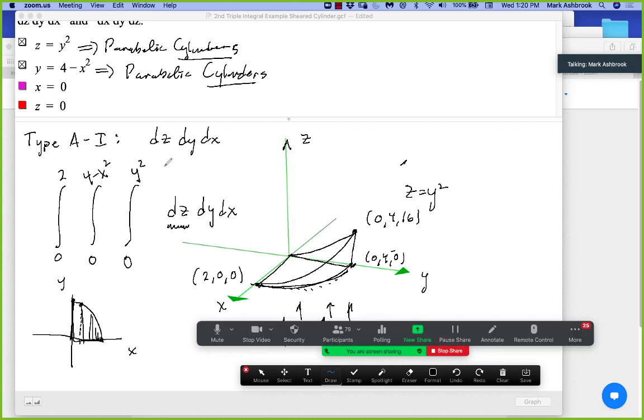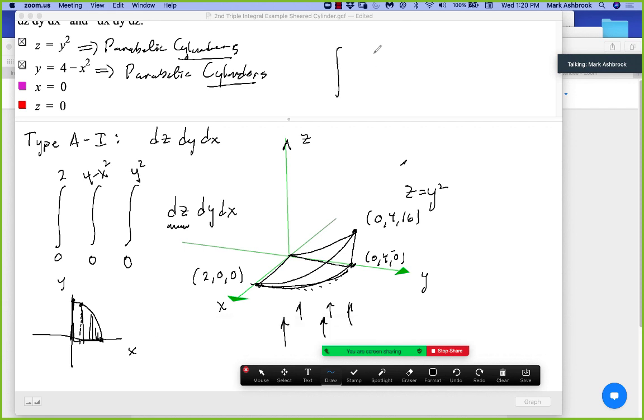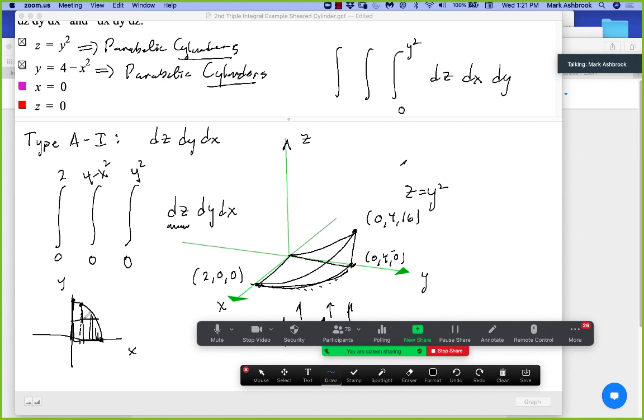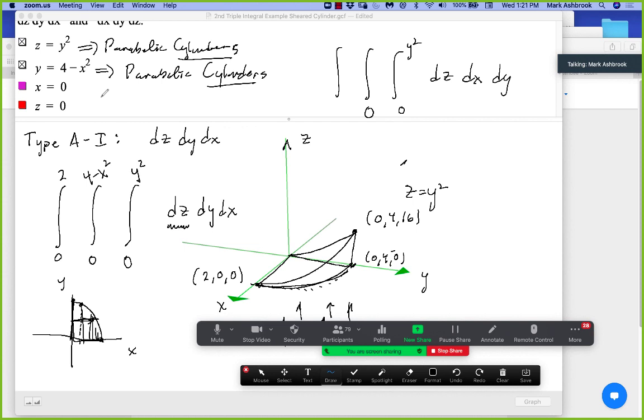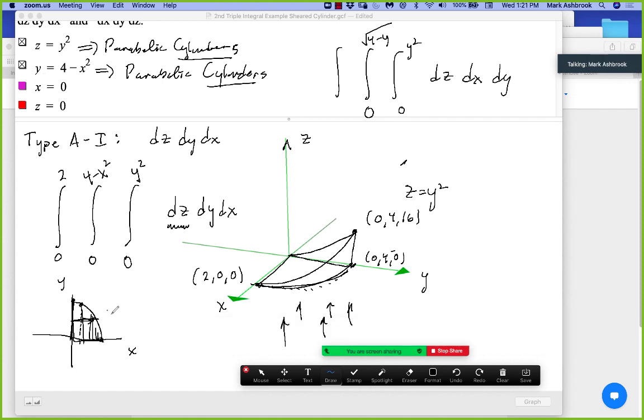So if we want to do type 2, there's a little bit more to it. z would still be 0 to y squared, but now dx would go from what to what? x equals 0 to 4 minus x squared, but now it needs to be x equals, so the square root of 4 minus y, because you have to solve this for x.